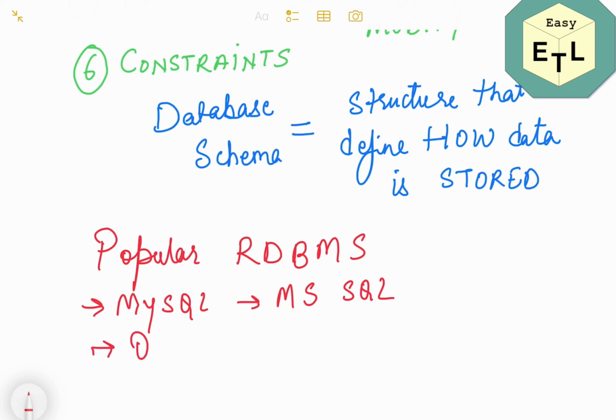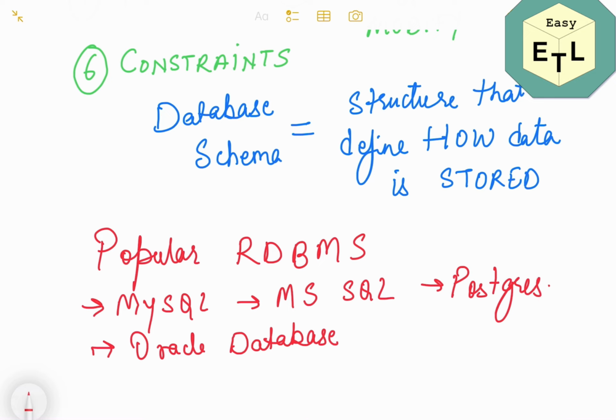Then we have Oracle database, and we have PostgreSQL, and then we have SQLite or S-Q-Lite. We can say it in both ways, right?